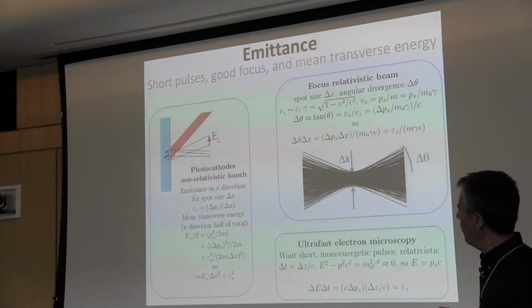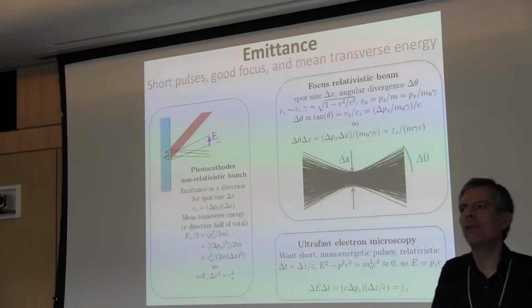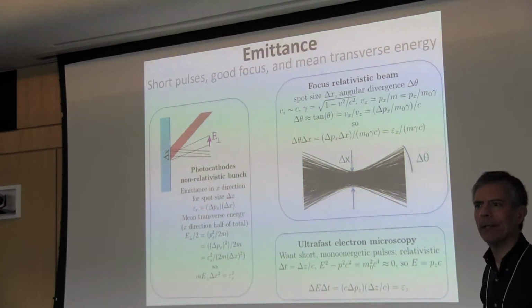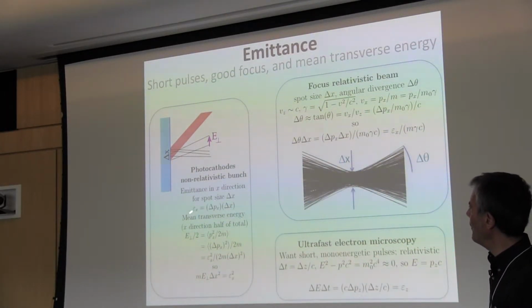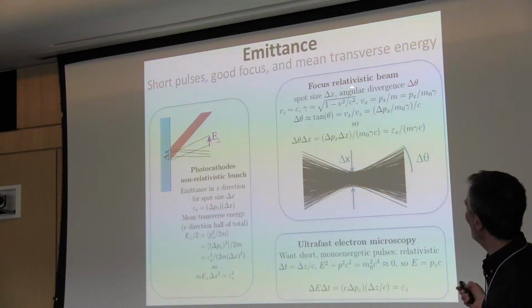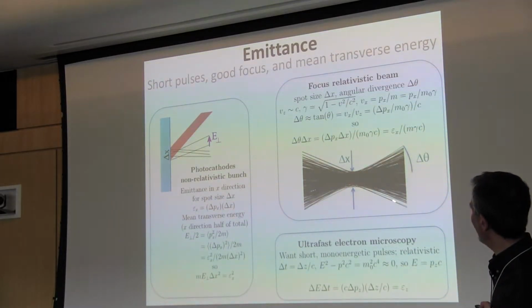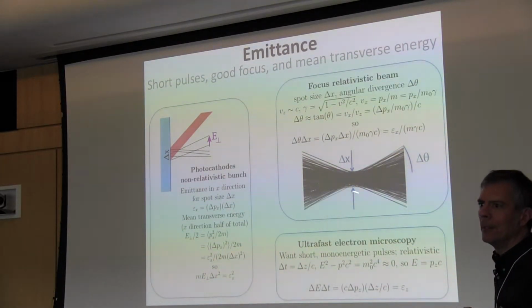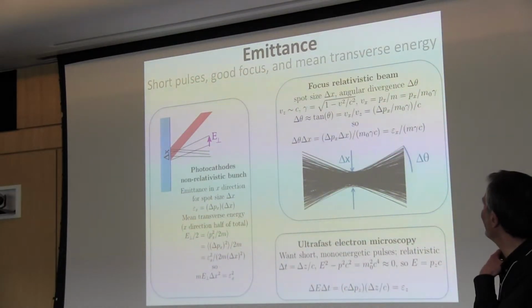Now, many of the applications of the idea of emittance happen after you've accelerated it to near the speed of light. So non-relativistic mechanics is not appropriate. So for example, if you want to focus a relativistic beam, the claim is that the spot size delta x times this opening angle is related in a simple way to the emittance.